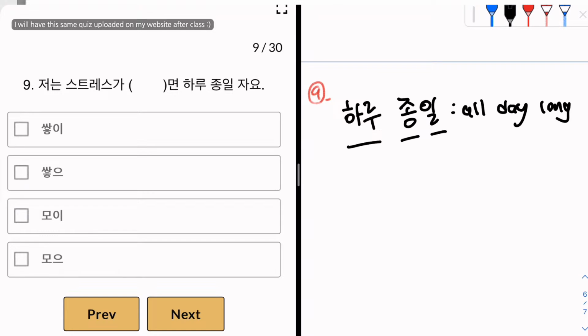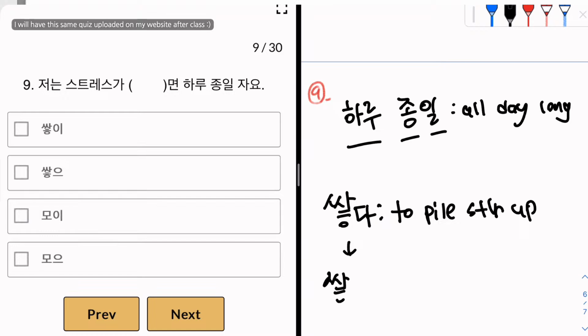So we learned the 쌓다 verb, guys, right? 쌓다, which means to pile something up, and its passive form would be 쌓이다, for something to be piled up.